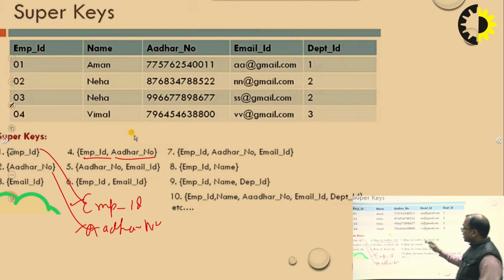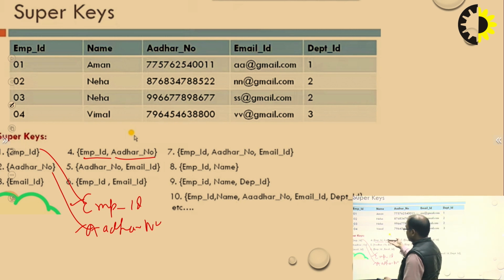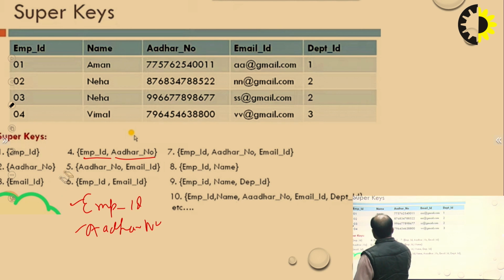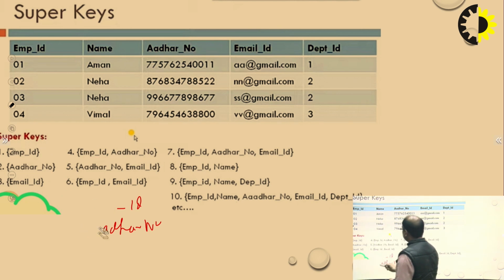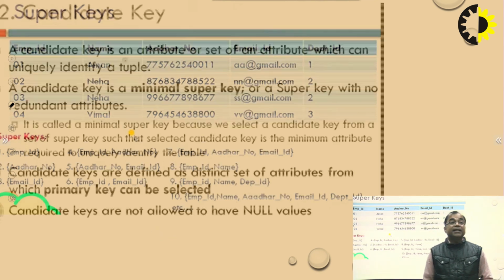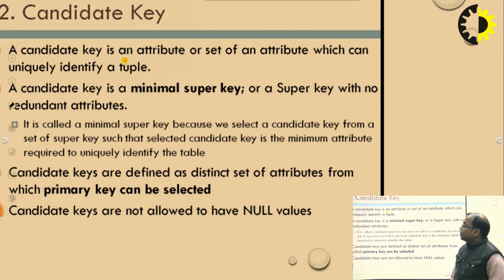Minimal means these subsets cannot be a key. इसका subset key नहीं होना चाहिए. अगर इसका subset key है तो हम कहेंगे it is not a minimal super key. So in this, number 4, that is employee ID and Aadhaar number combined, is not a minimal super key. So it is not a candidate key. Clear? So this is the definition.